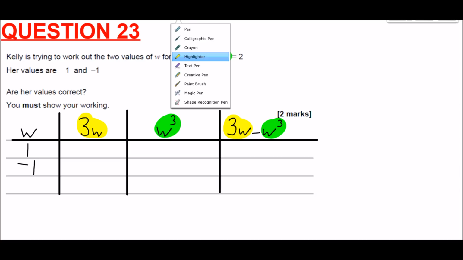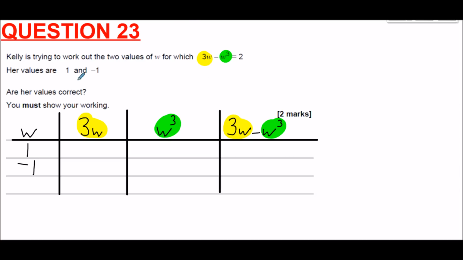So the easiest value by far is when W is 1. Positive numbers are just easier to deal with than negative numbers. So if W is 1, 3W would mean 3 times 1, which would be 3. And W cubed means 1 times 1 times 1, which would be 1.